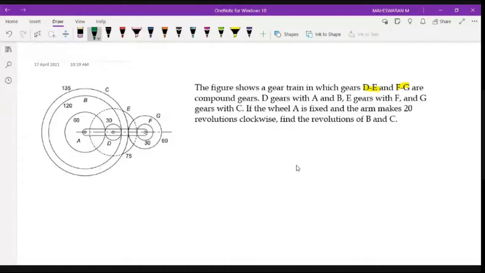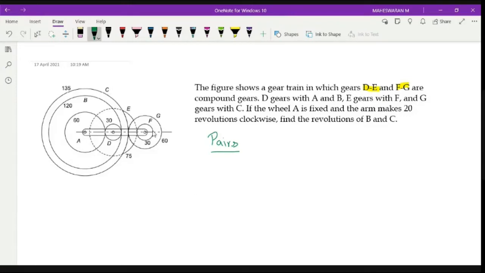Okay. First, let us write what data is available. As we discussed, the first step is to identify the pairs. What are the gears which have pairs? I have to identify that, because based on this only we will find out the overall gear steps.